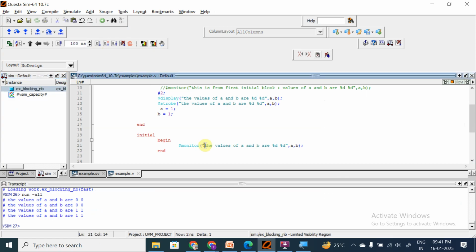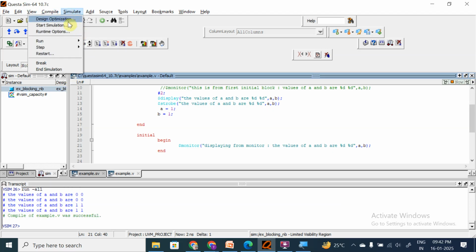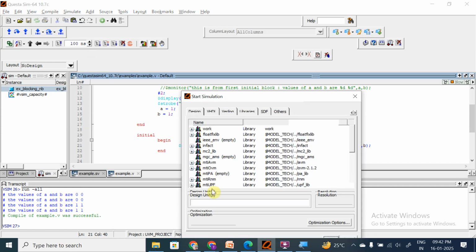Let me add some more message, "Displaying from monitor", so that it will be more clear to understand. Let me compile this. Let me simulate it.